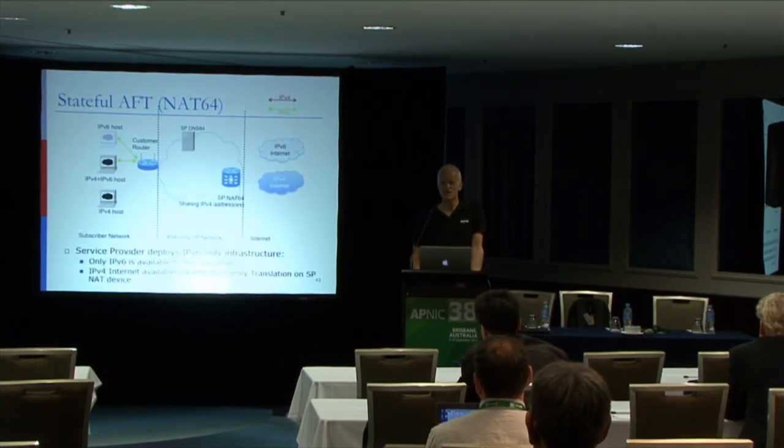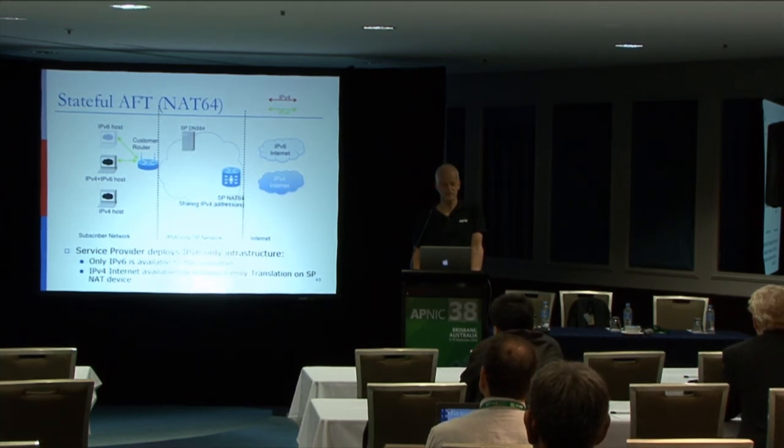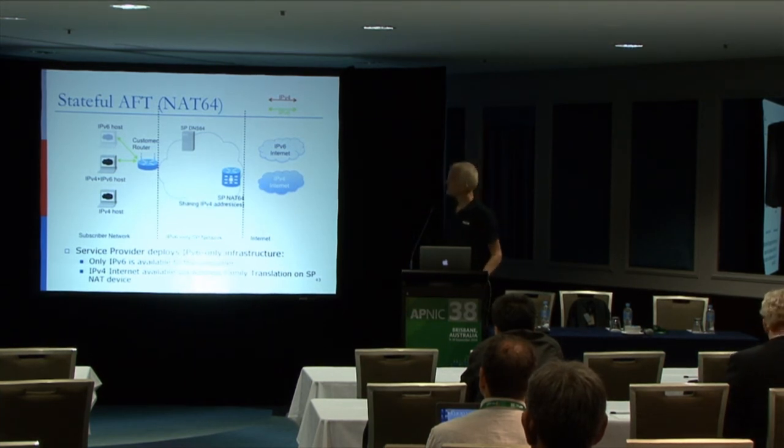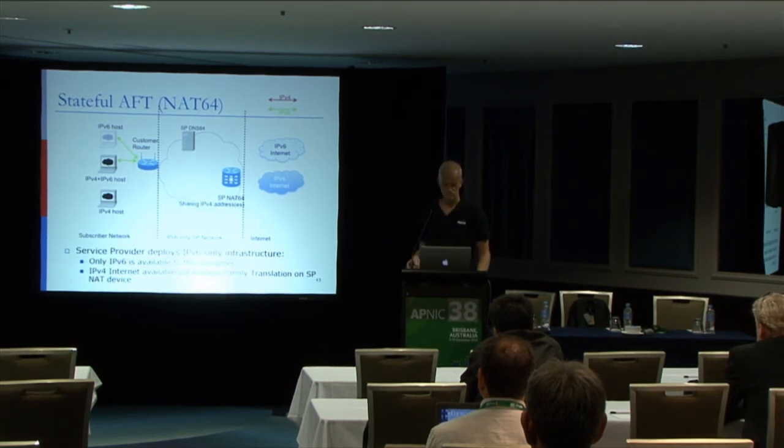NAT 6.4 is worth looking at. I'm pretty cool about NAT 6.4, just I suppose more because of my bad experience with NAT PT not working very well at all. How NAT 6.4 works is, well, the v4 hosts, you don't get to see the v4 internet. But the DualStack hosts and the v6 host can do.